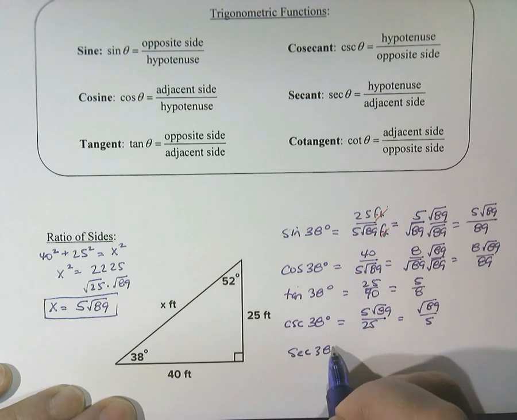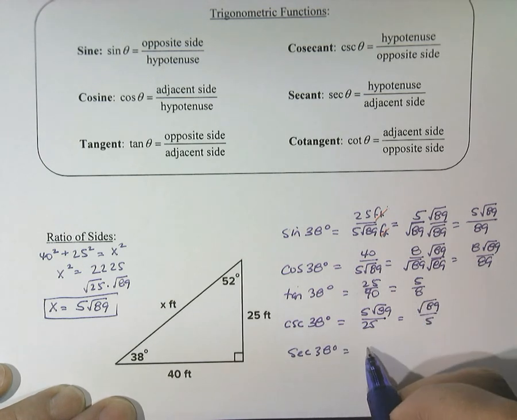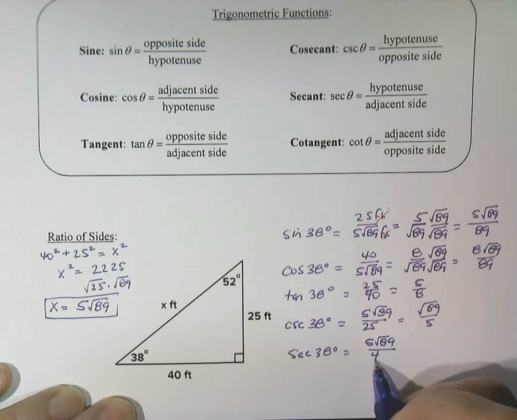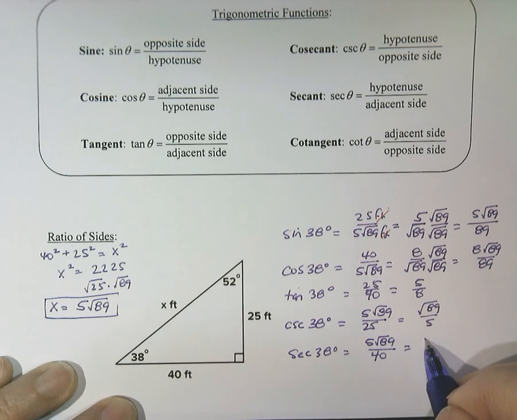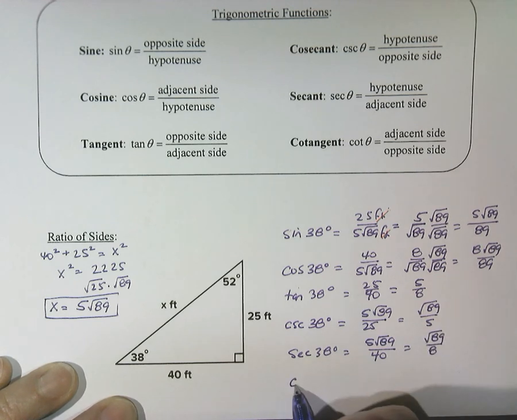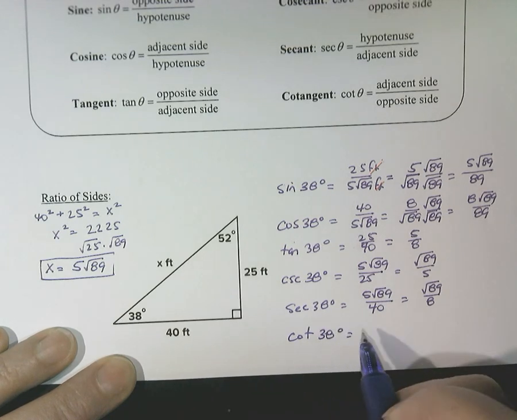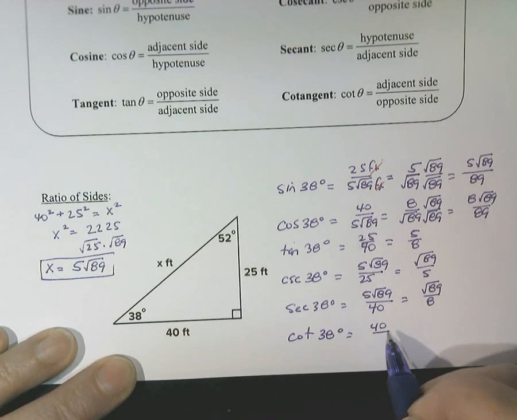Secant of 38 degrees is going to be hypotenuse over adjacent, and I can reduce that fraction. And then cotangent of 38 degrees is going to be adjacent over opposite, and I can reduce it.